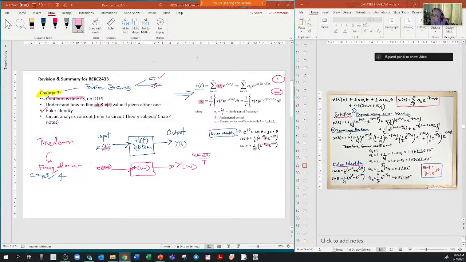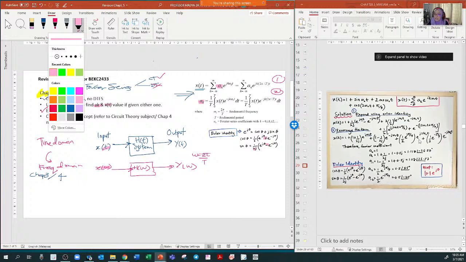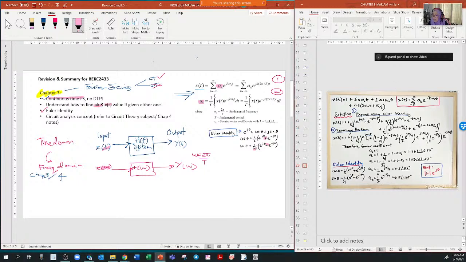So right now you have j omega t, for example, you have omega t, you have minus j omega t, you have 2 omega t, you have minus 2 omega t. So you assign it accordingly, where this one is at k equal to 1, k equal to minus 1, k equal to 2, and k equal to minus 2.